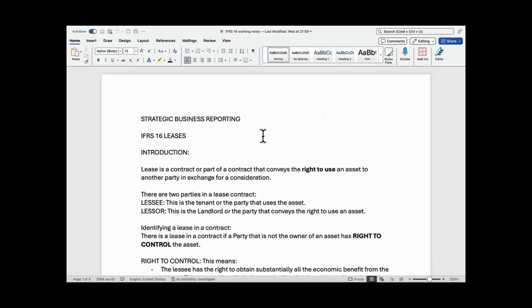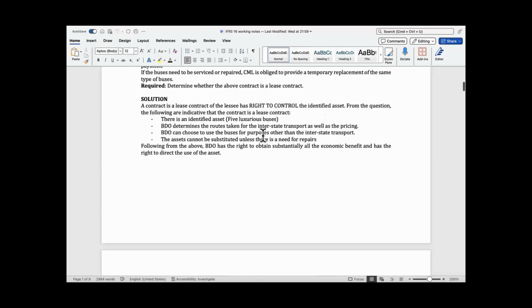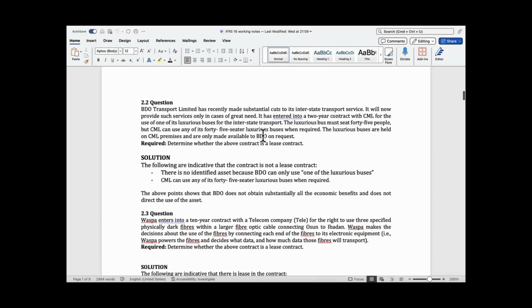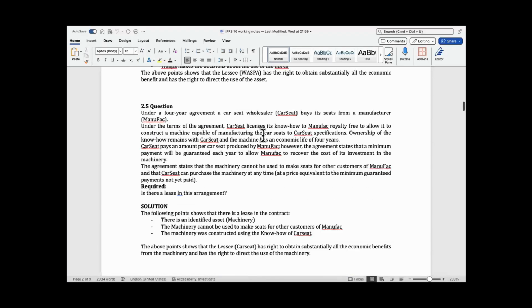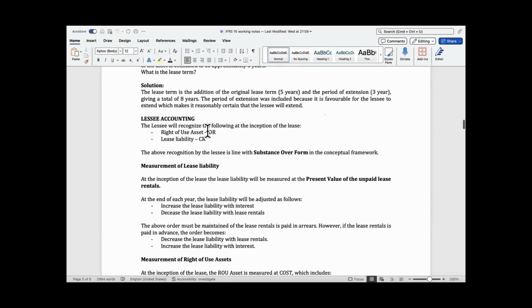Still on leases, remember that there is a lessee and there is a lessor in every lease transaction. The lessee is required to recognize right of use assets and lease liability.